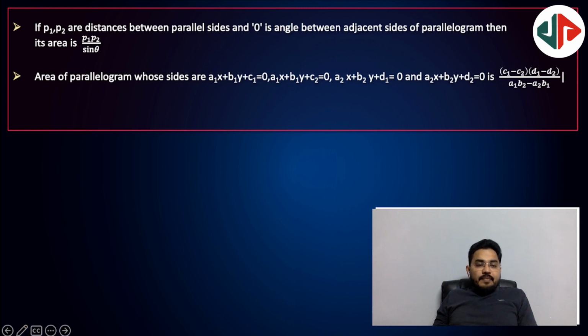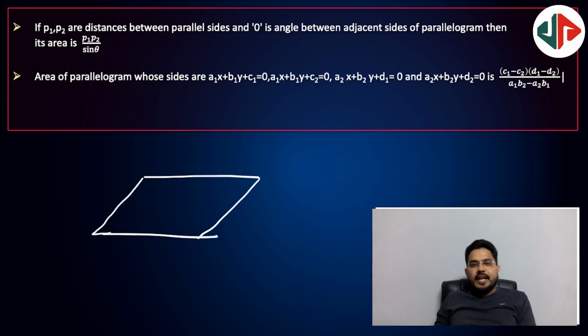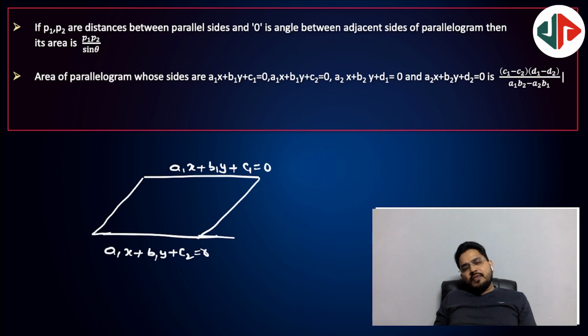In this slide, we are talking about a parallelogram. This is a1x plus b1y plus c1 is equal to 0. This is a1x plus b1y plus c2 is equal to 0. So if you extend here, you are going to get the distance between these two as p1.